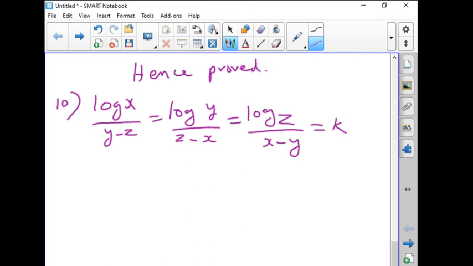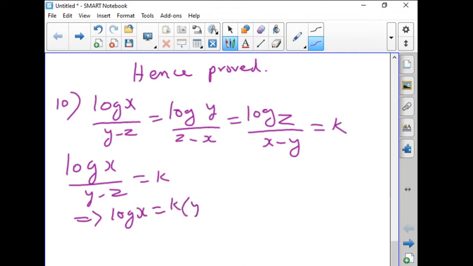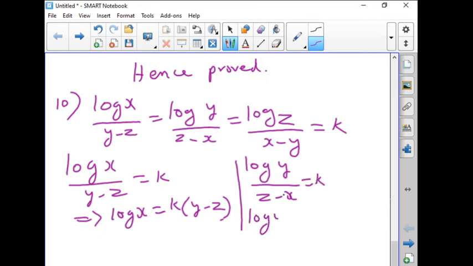Okay, from this we can take log x by y minus z is equal to k. So what we get? Log x is equal to k into y minus z. Similarly, log y by z minus x is equal to k, so log y is equal to k into z minus x.